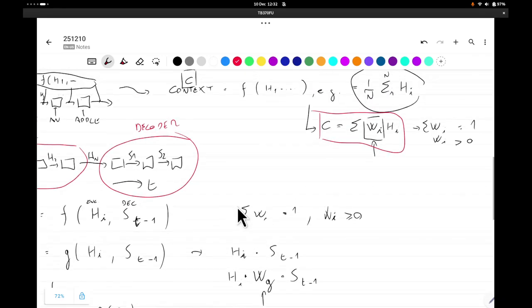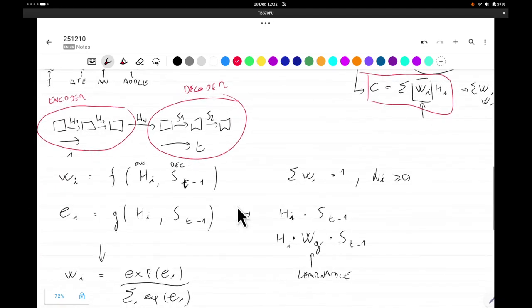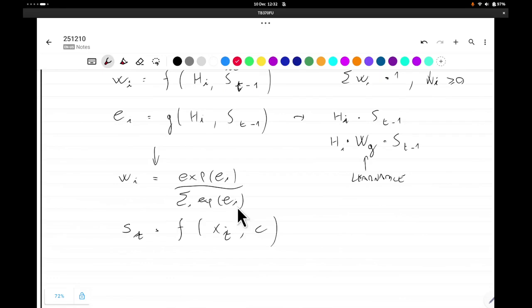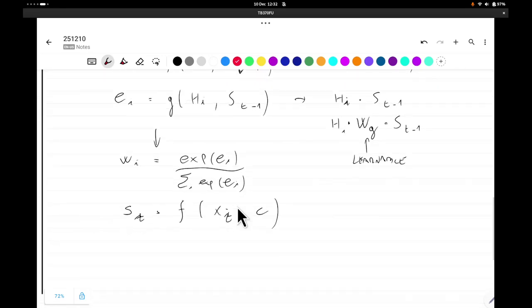So we have the input sequence, we have a set of weights, and we calculate the context, and this is passed to the model that is calculating the output using the input at that particular time step and this context variable.